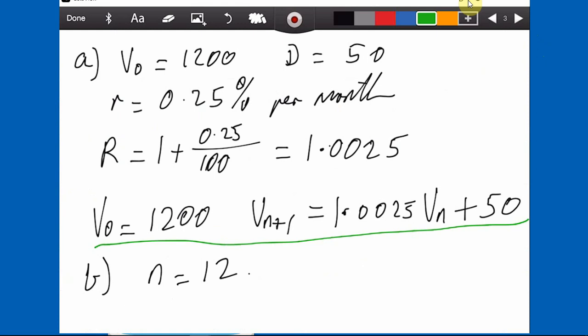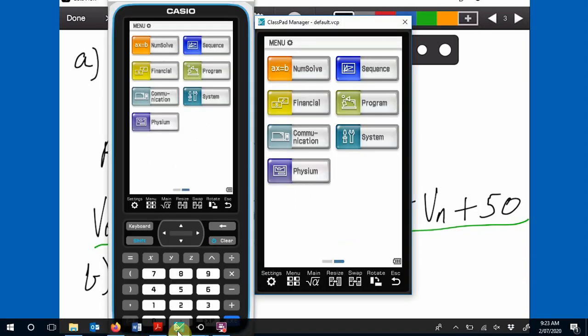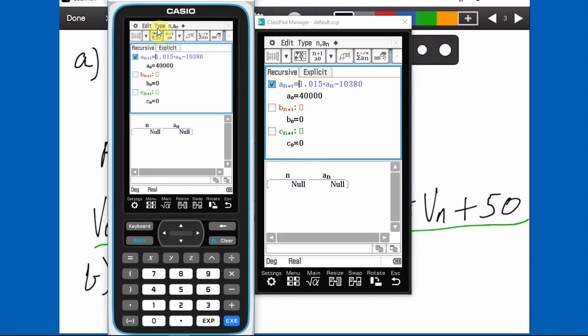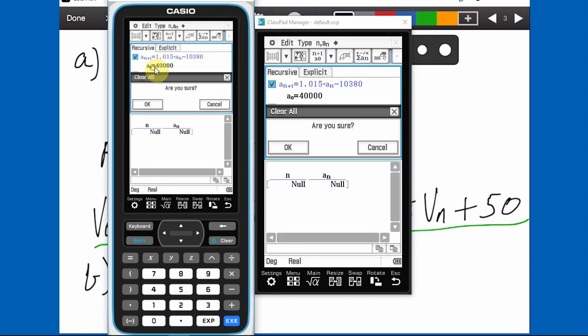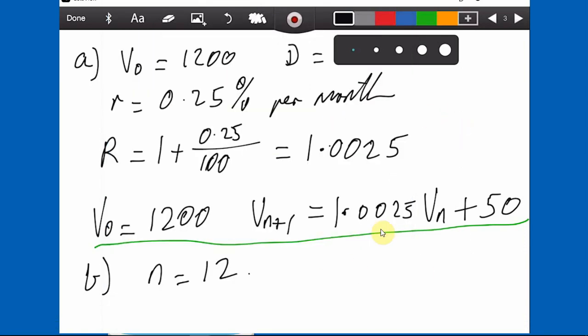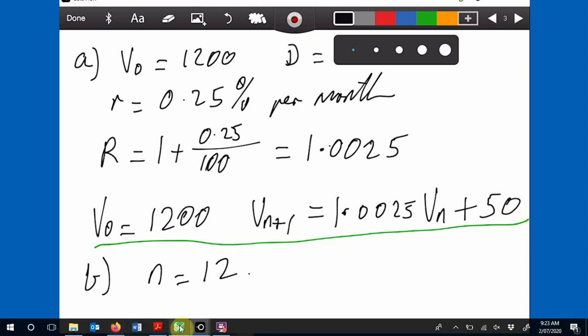And so what I'm going to do is use the calculator and use the sequence, the recursive sequence function on the calculator. So here's our calculator in sequence. Already got one in there. Let's get rid of that. All right. So our recurrence relation, if you remember, there it is, this one here, 1.0025 times the previous value plus 50.